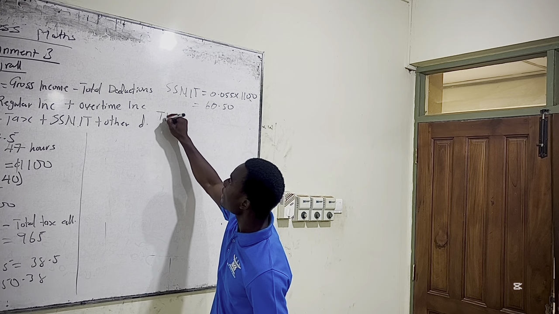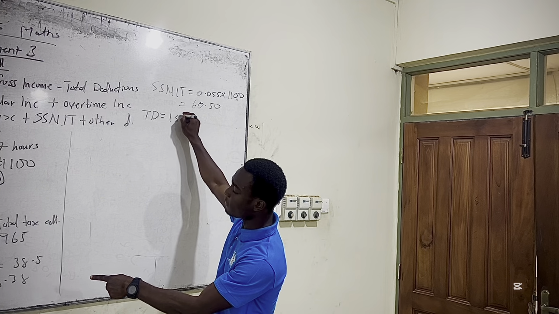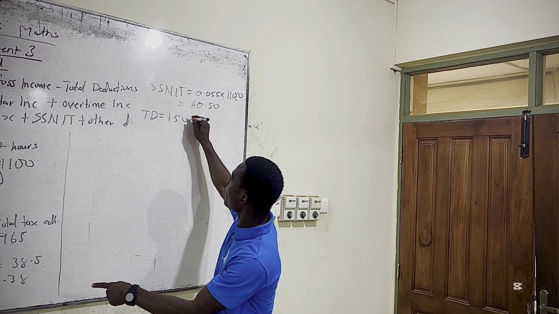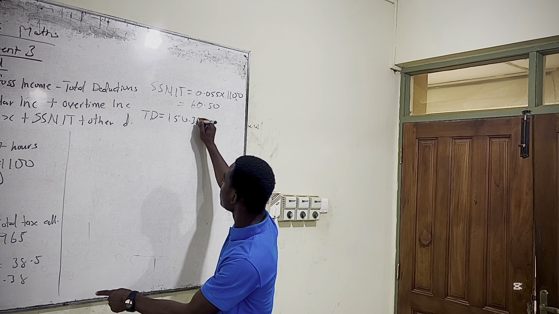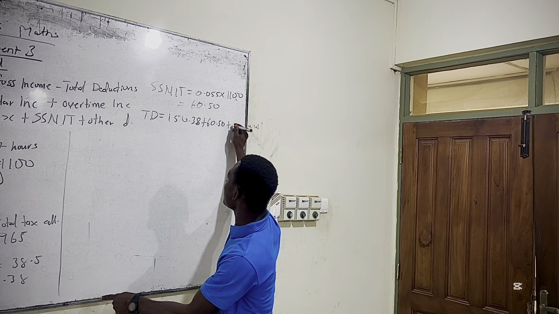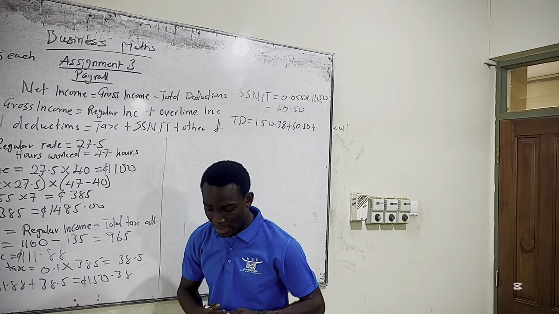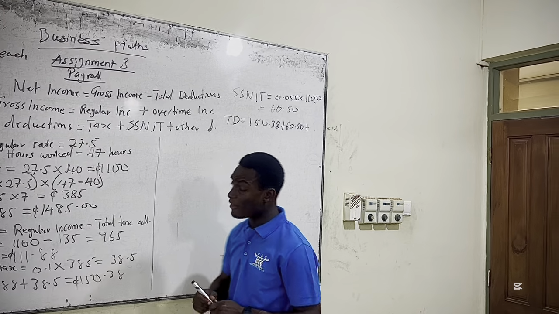So total deduction, TD, is going to be the total tax, which is 150.38, plus 60.50, plus other deduction. Did he have other deduction? Yes, other deduction of 500 Ghana cedis.